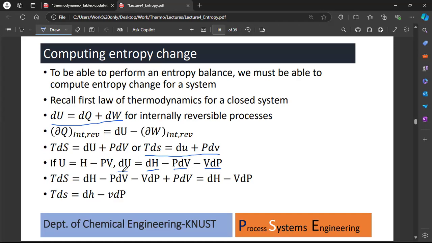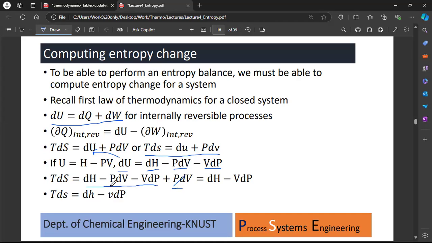So now this dU that we found, we can put back into this expression. If I put dU back in here, I'll end up with dH minus PdV minus VdP, then plus the PdV term that was left. So that's what comes here, right?